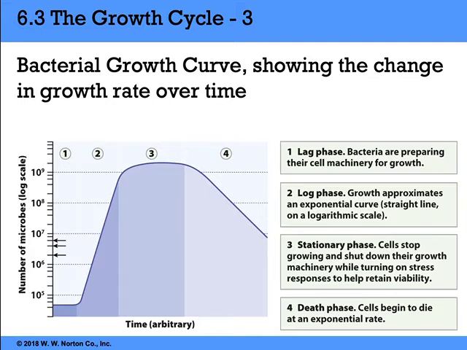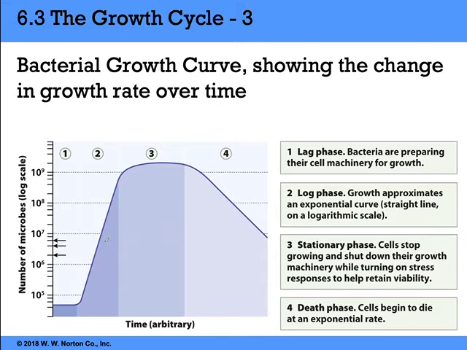And I told you that generally speaking, you want to take cells from mid-log in order to be working with a healthy population. That's because the rate of growth is greater than the rate of death at that point, which means most of the cells you're going to be using are going to be alive and happy.